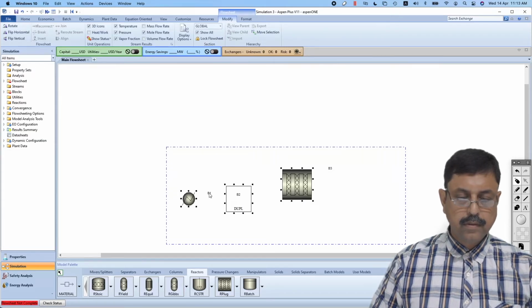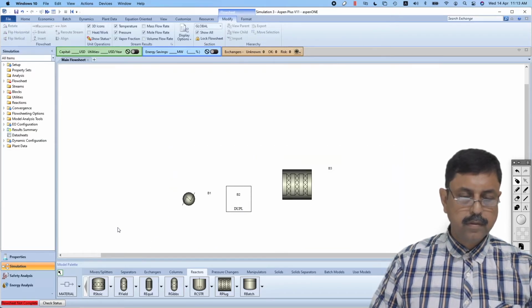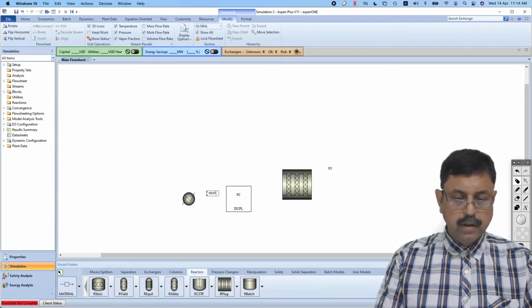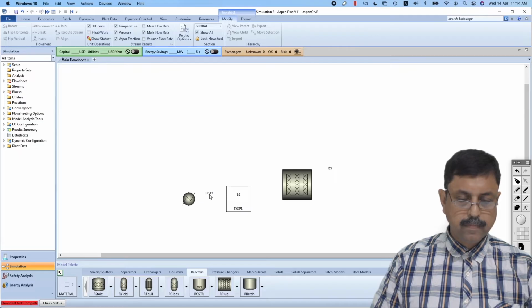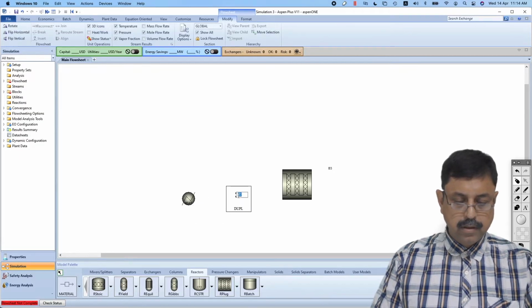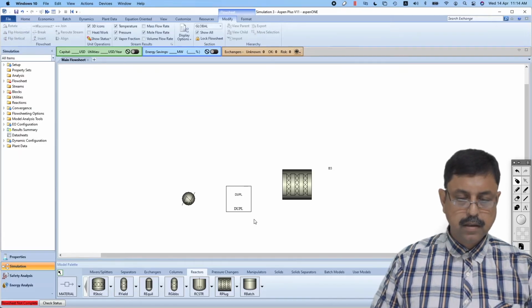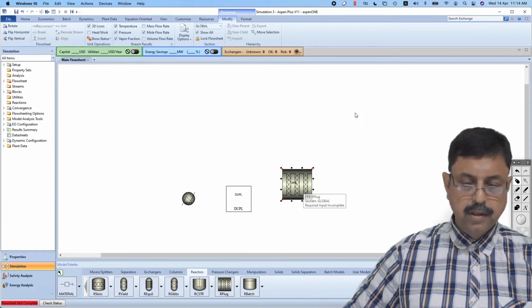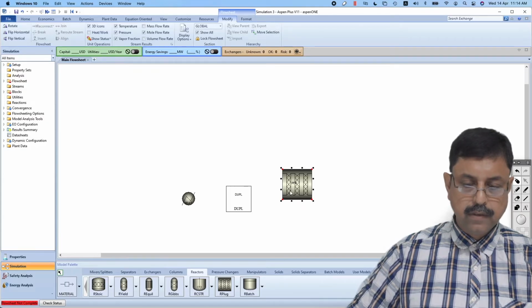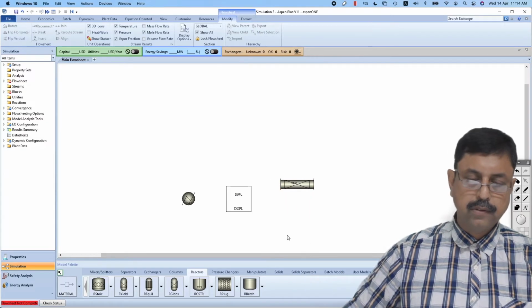So this is our heater. This is our duplicator. This is the PFR. Let us change the icon. This icon is not very good. So yeah, this icon is good.